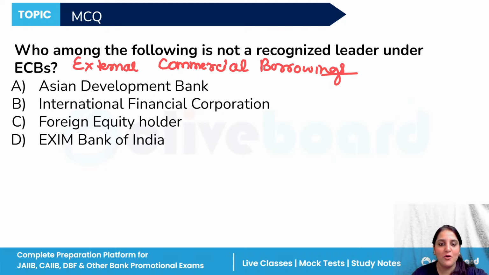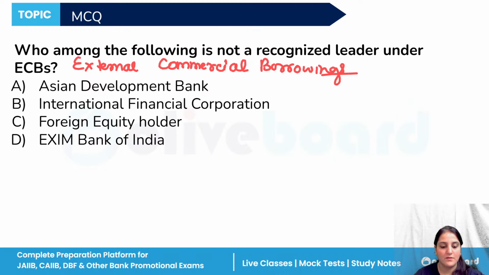External commercial borrowings are loans made by non-resident lenders to Indian borrowers, which can include various entities. The recognized entities that can lend under the ECB framework include the ADB, International Finance Corporation, and basically we can say the Exim Bank of India.